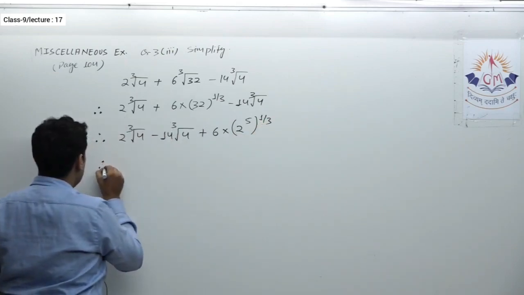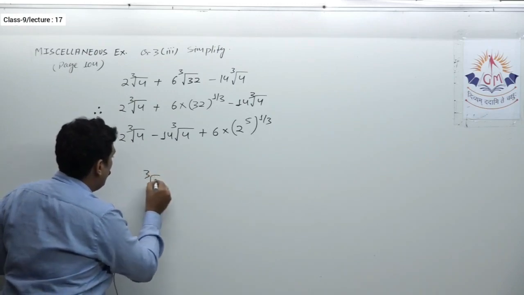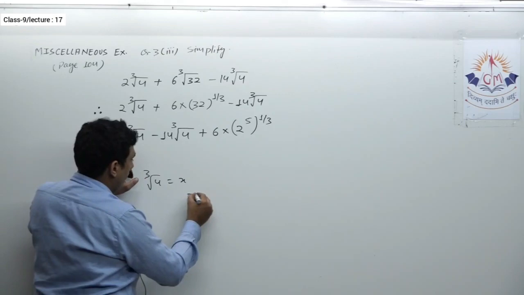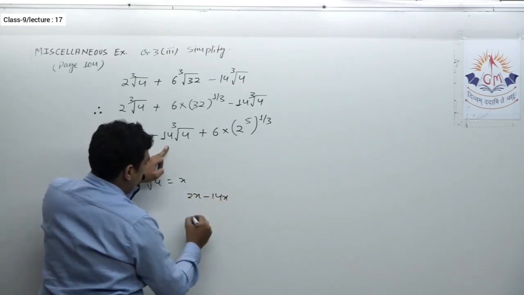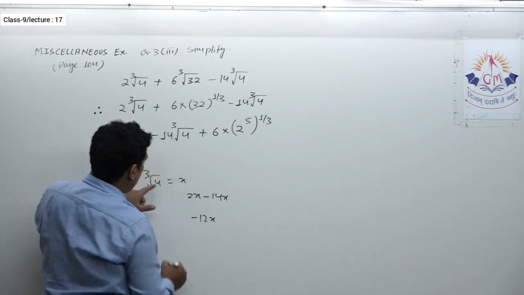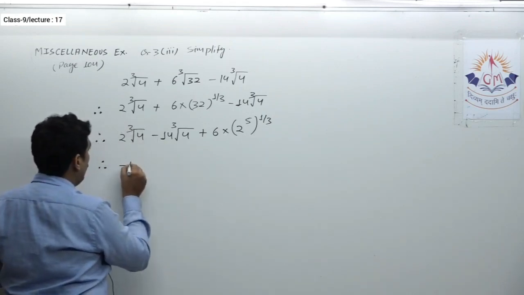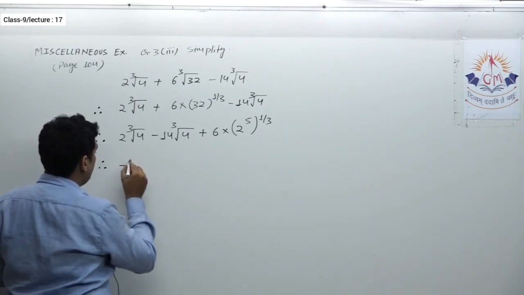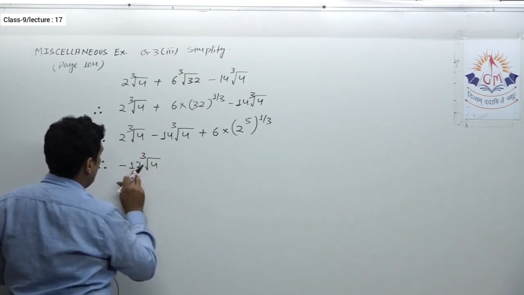If I say cube root of 4 is equal to x just for a while, then this is 2x and this is 14x. So 2x minus 14x is minus 12x, and x is cube root of 4. So here I write minus 12 cube root of 4.